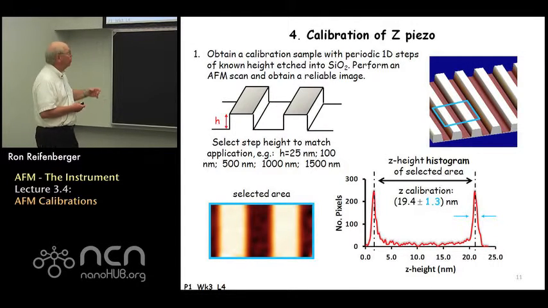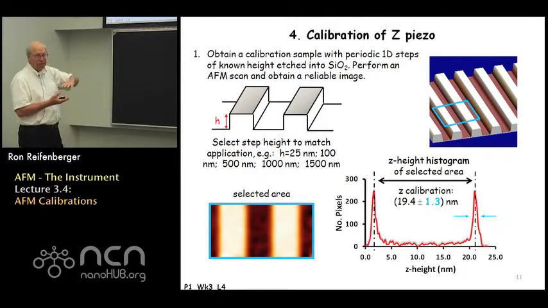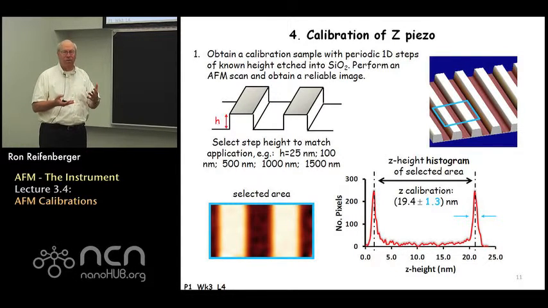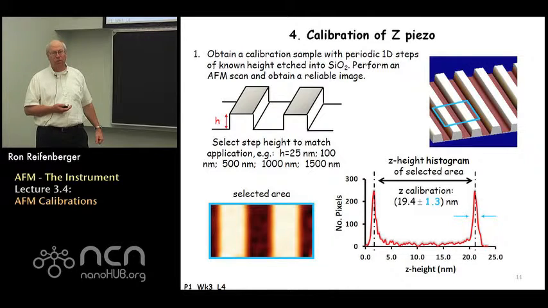So if you're doing experiments where you're trying to measure z heights on the order of 1,000 nanometers, then it wouldn't make much sense for you to purchase a grating which has a step height of, let's say, 20, 25 nanometers. So you have to match the height of the grating to the particular experiments that you're trying to do.